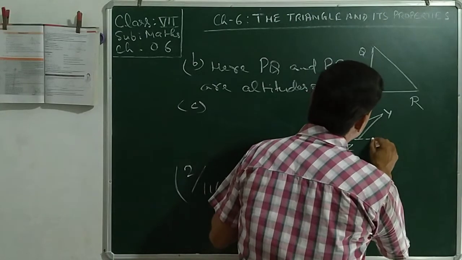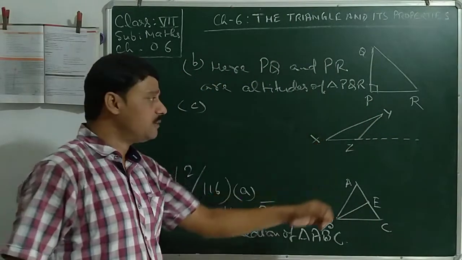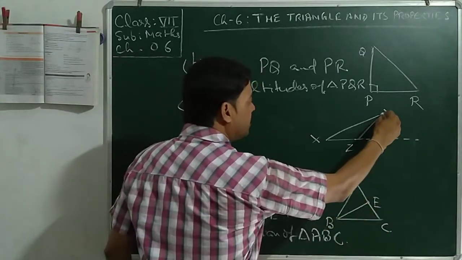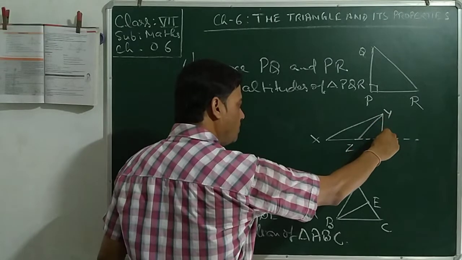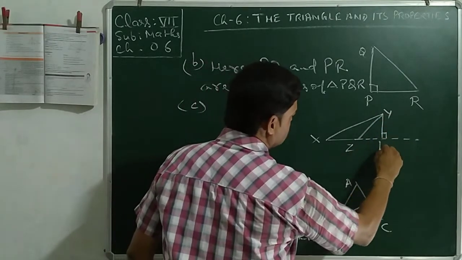To do that, we need to extend XZ a little bit. Assume we extended it and drew the perpendicular from Y, forming here a right angle, that is YL.